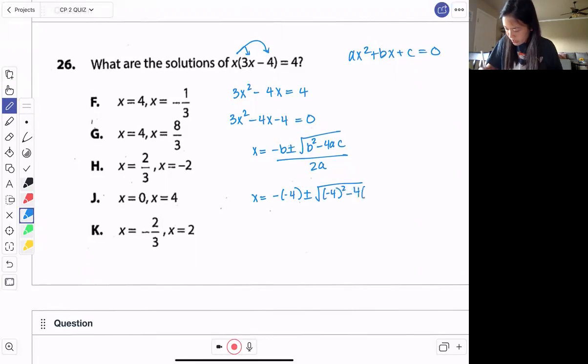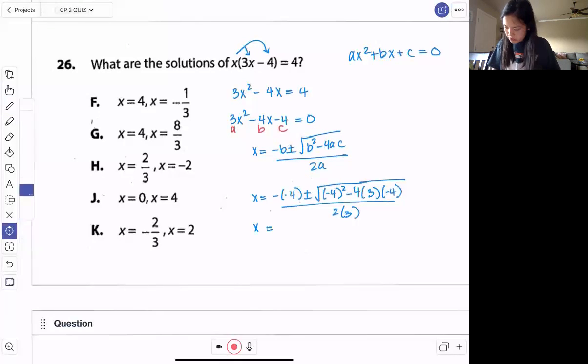So this is my a, b, and c that I'm talking about. So my a here is 3, my b is negative 4, and my c is negative 4. So I'm just using the quadratic formula. You could also try to factor too. I think that's possible. Let me make sure I plugged everything in right. That's a.